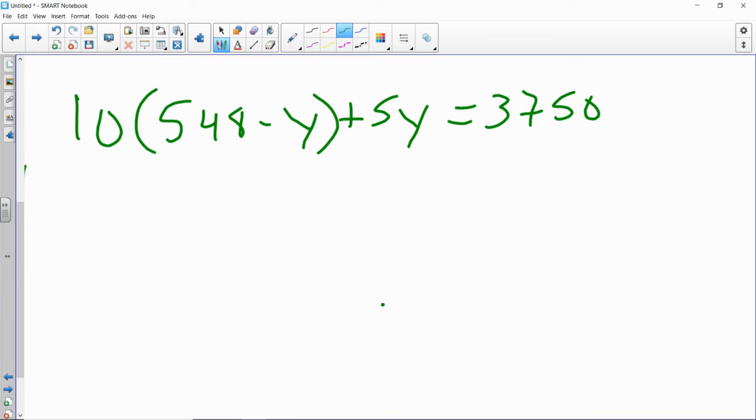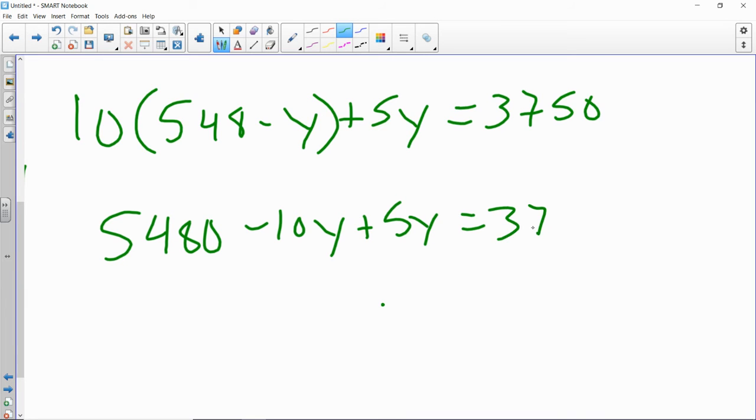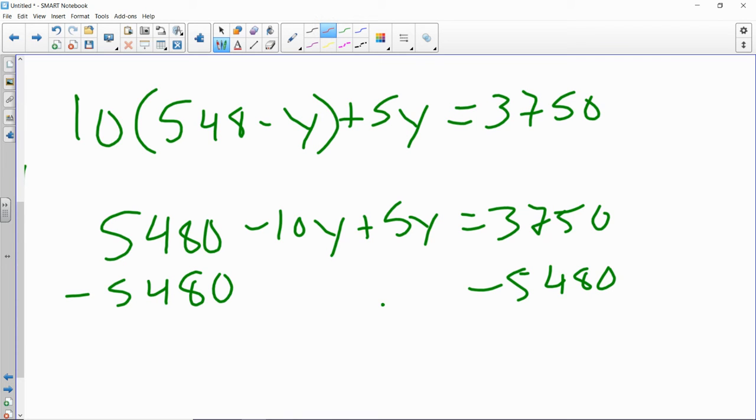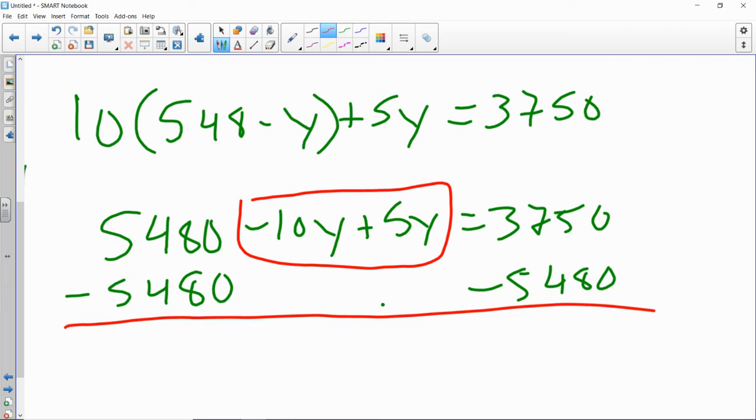So when I distribute, we have 5,480 minus 10y. Everything else stays the same. I'm going to subtract 5,480 from both sides. And combine these like terms in the middle.